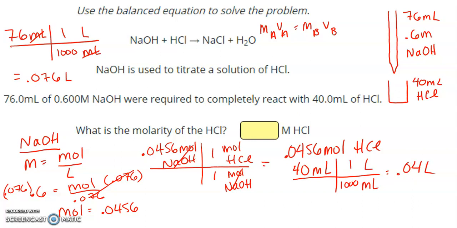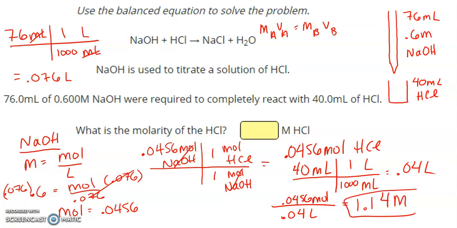So I'm going to take my moles HCl, 0.0456 mole, divide by my liters, 0.04 liters. And I get that the molarity is equal to 1.14 molar for my HCl.